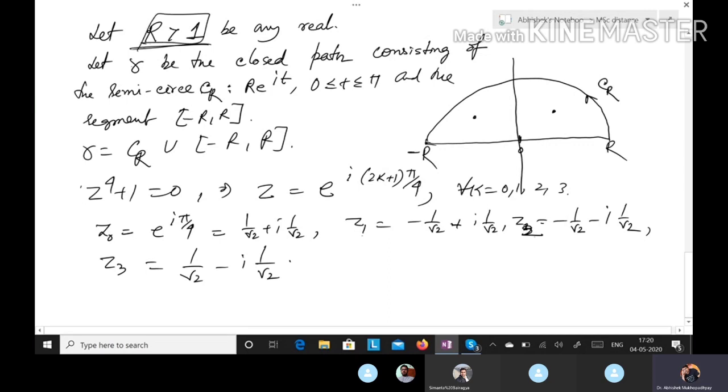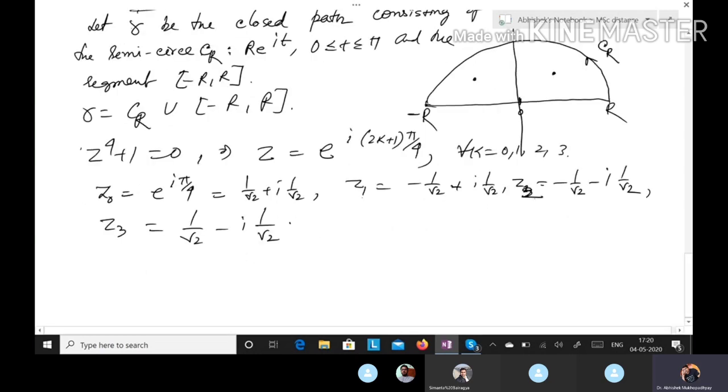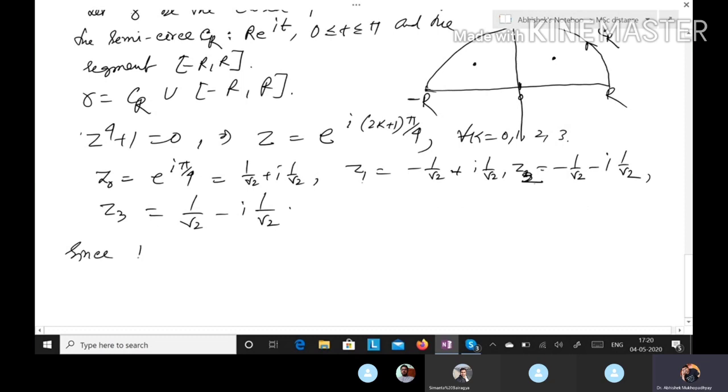So this justifies the choice of capital R greater than 1.